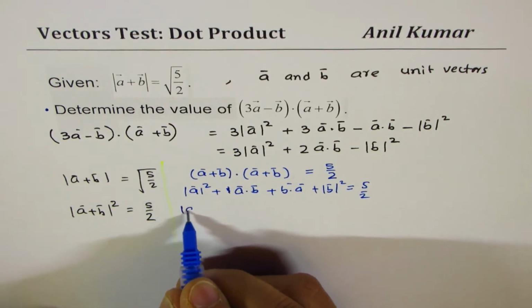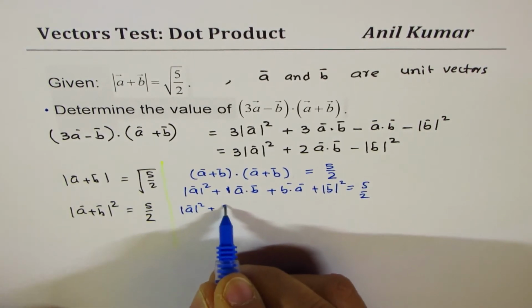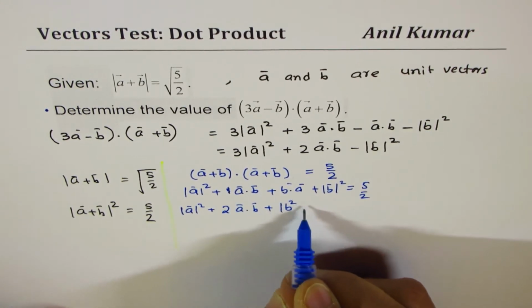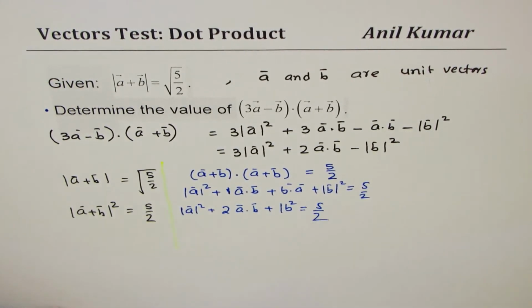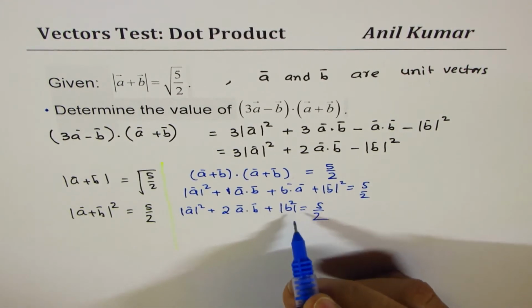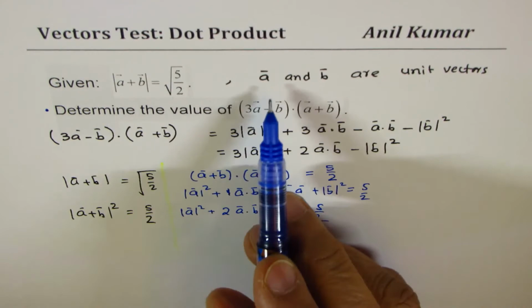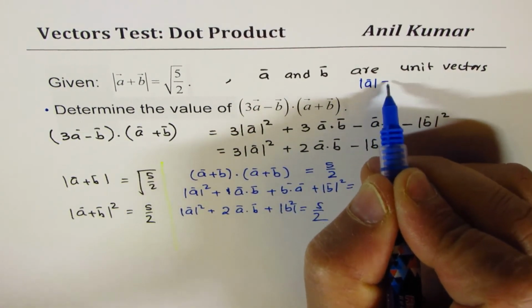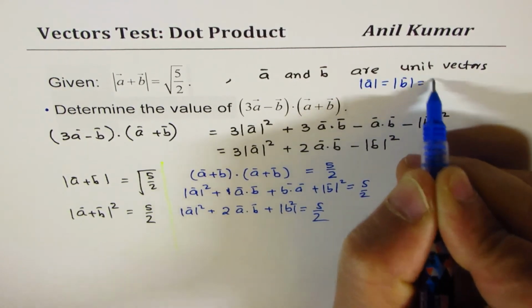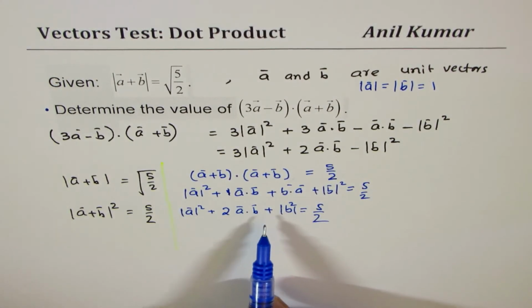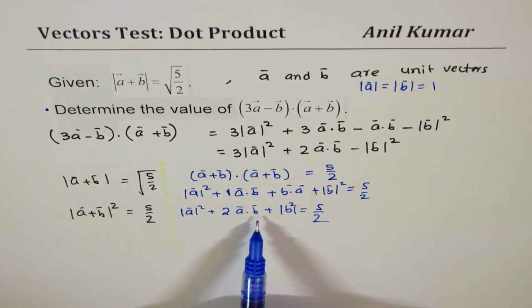So we have magnitude of A square plus twice A dot B plus magnitude of B square equals 5 over 2. You get an idea. Now we know that magnitude of A square and B square are 1 since they are unit vectors. That means magnitude of A equals magnitude of B, which is 1, correct? So I could always replace this with 1 and get what 2A dot B is.